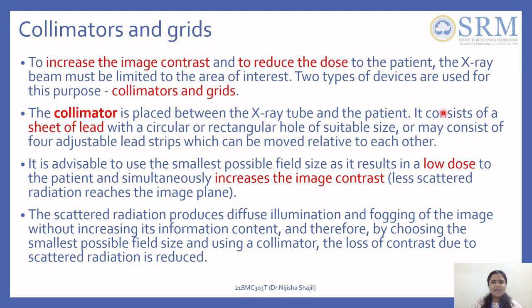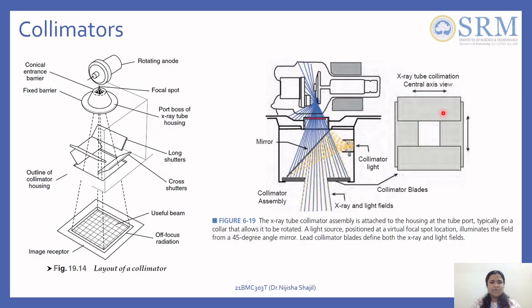This is the main advantage of using a collimator. It results in a low dose to the patient and simultaneously increases the image contrast. It reduces the diffuse scattered radiation. Whenever the area is more, scattering happens, and so the image clarity gets reduced.